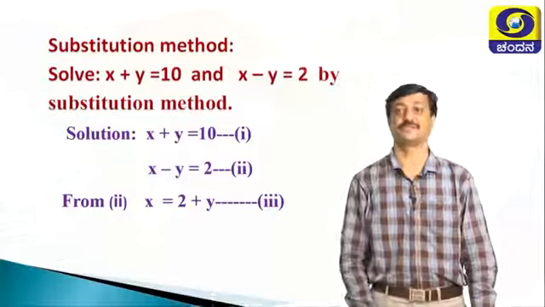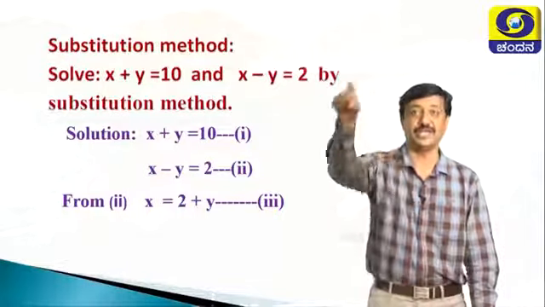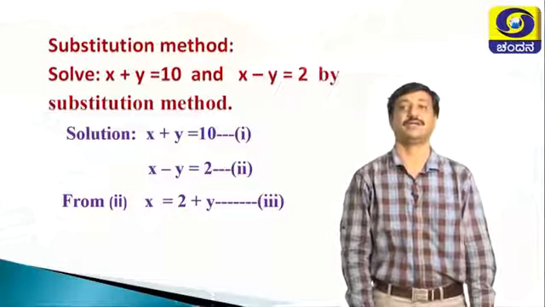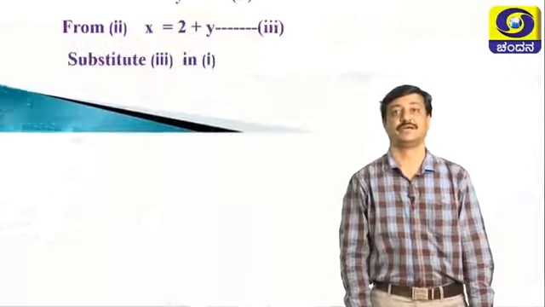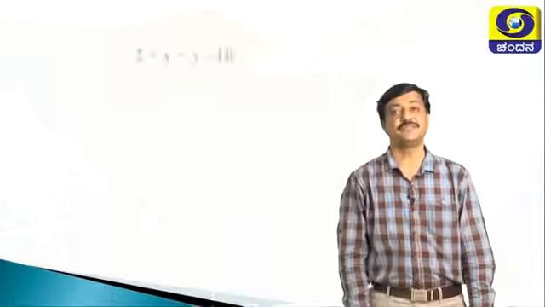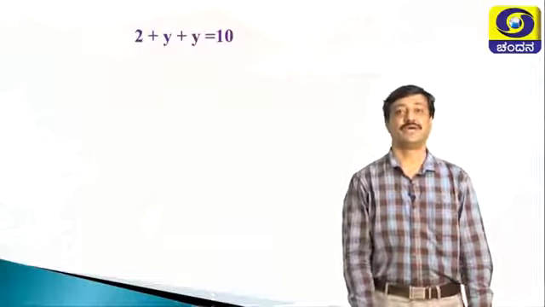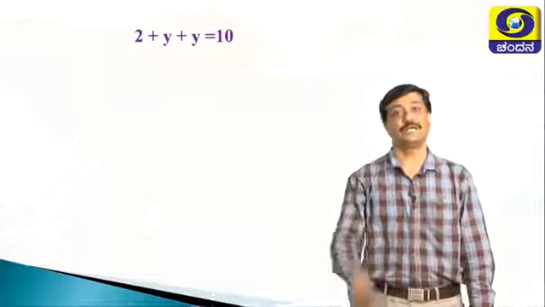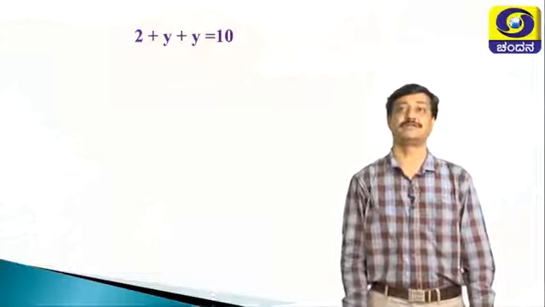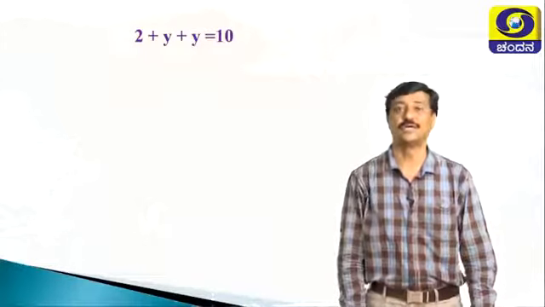Now, we have to substitute equation 3 in equation 1. As equation 1 says, x plus y equals 10. In place of x, you take 2 plus y. Here y and y are like terms, add both and you will get 2y.